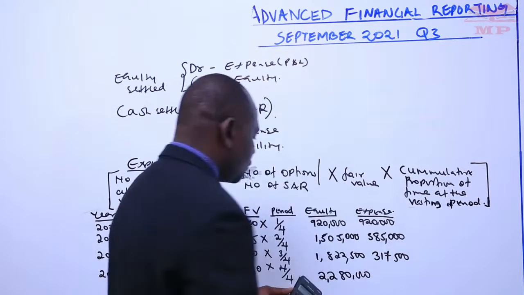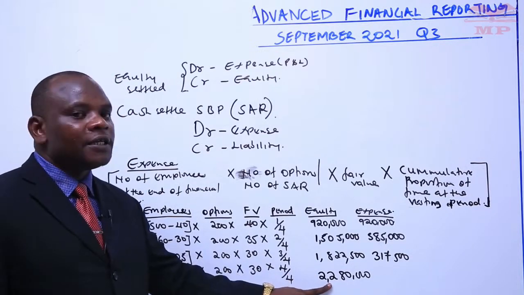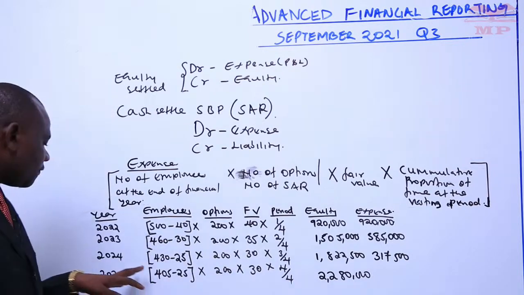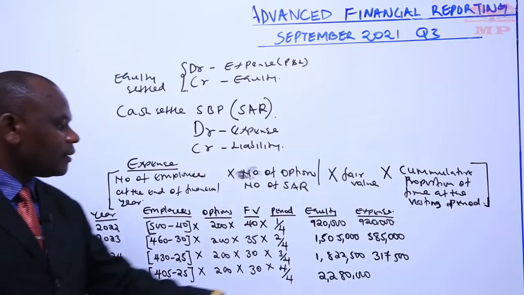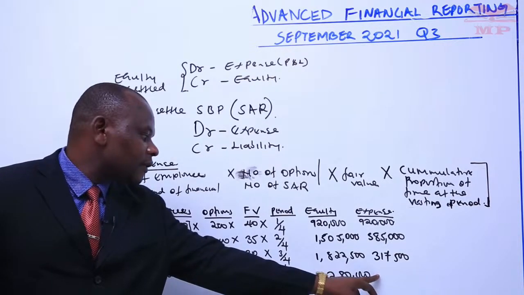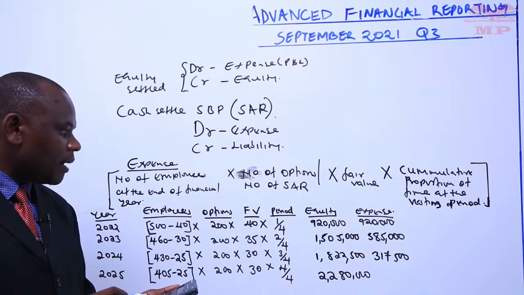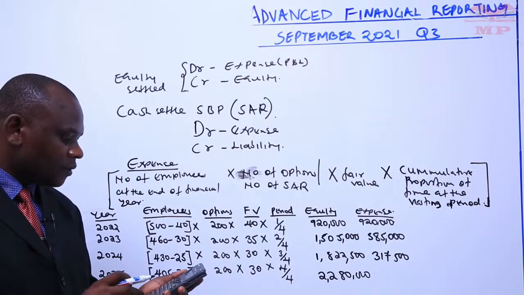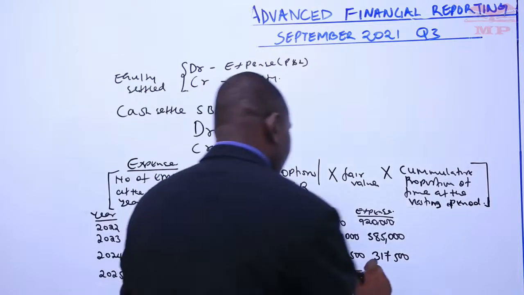And so because this is the equity amount, the specific expense for 2025 will be the accumulated amount minus the previous accumulated amount of 1,822,500, and that is giving you 457,500.